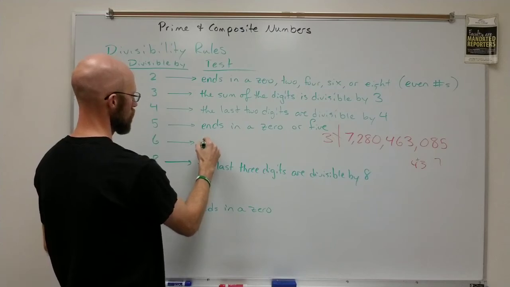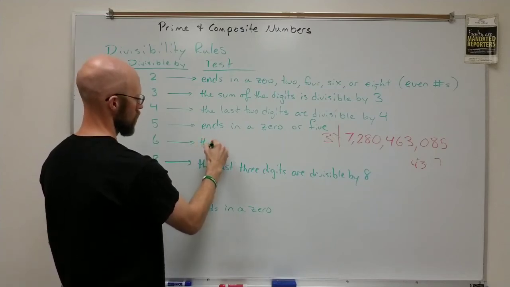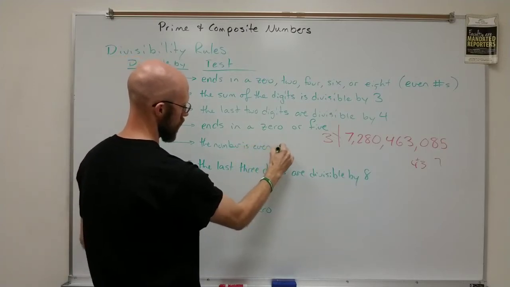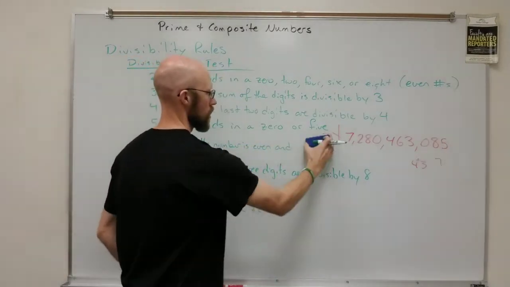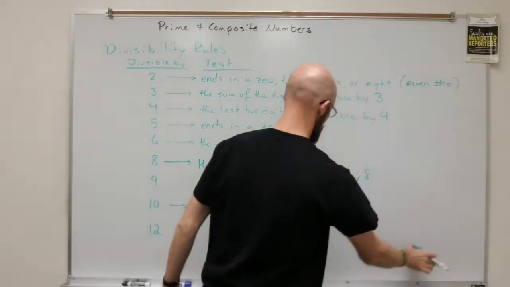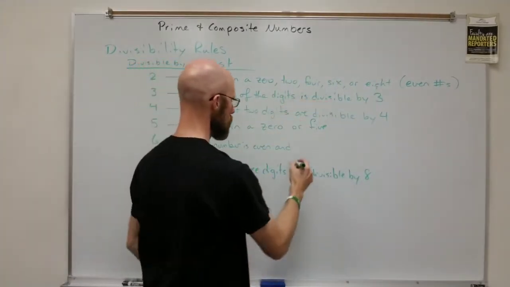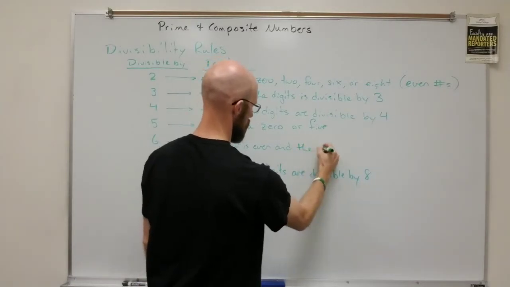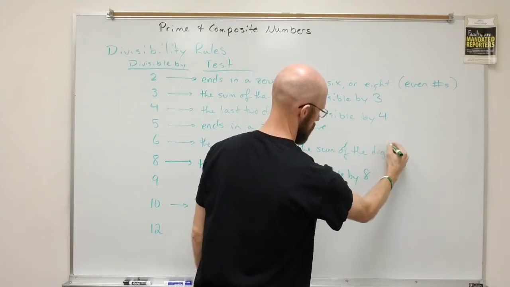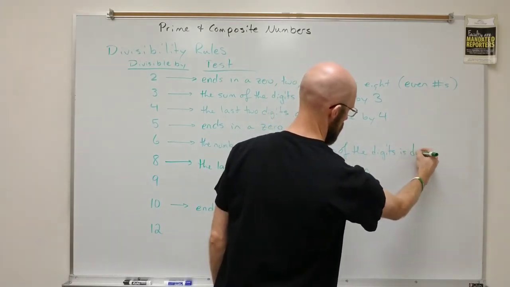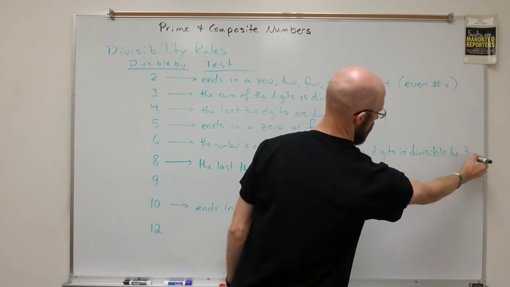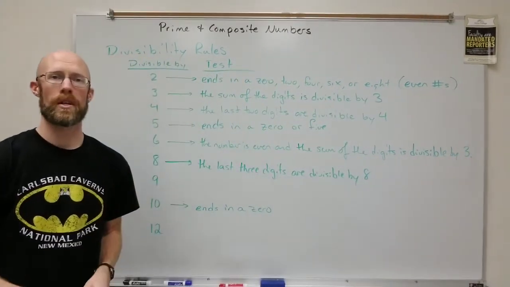So the number is even, and so even meaning it ends in a 0, 2, 4, 6, 8, and the sum of its digits is divisible by 3. Okay, so it has to have both conditions.